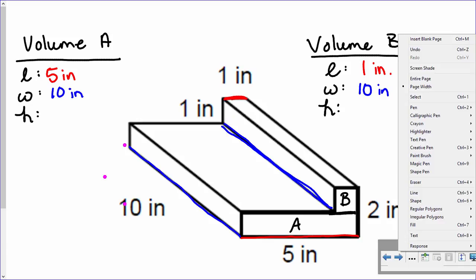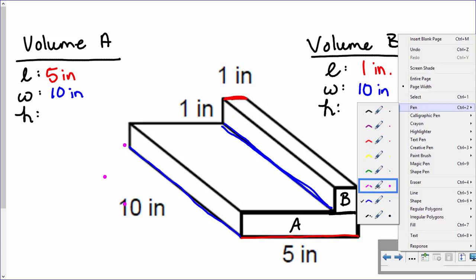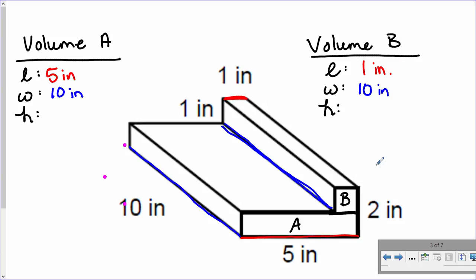Alright, and finally we need to find our height. And for A, we got to do a bit of thinking on here. So let's look at B. We're given the height of B back here, which is 1. So if B is 1 inch, the height of the whole thing is 2 inches.